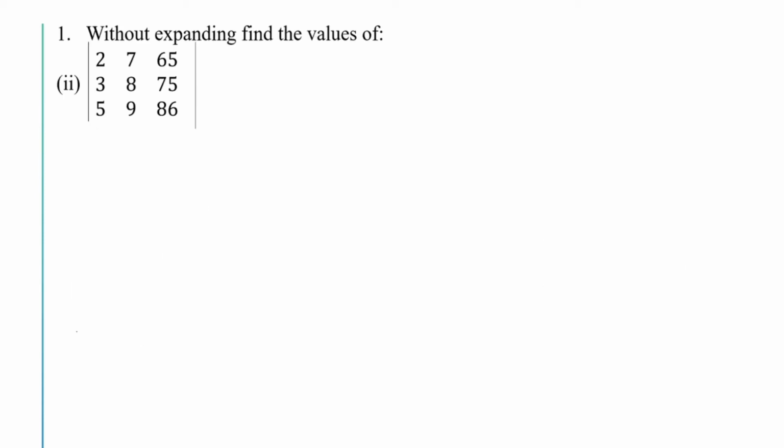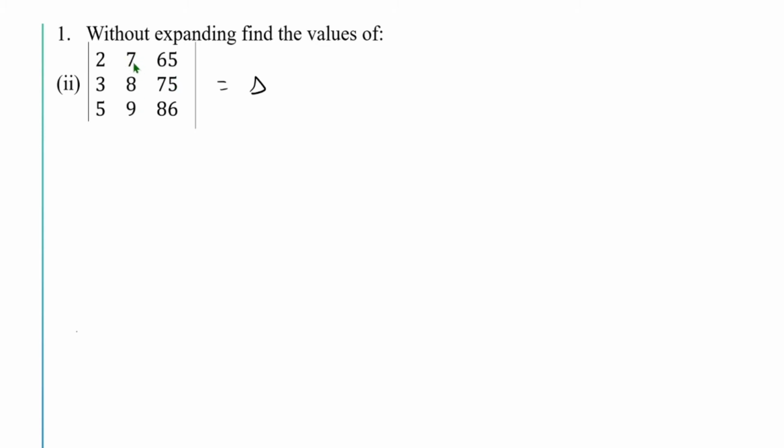Next question, we have to find the determinant of 2, 7, 65, 3, 8, 75, 5, 9, 86. So let us take this as equal to delta. Now if we apply C3 minus 9C2.